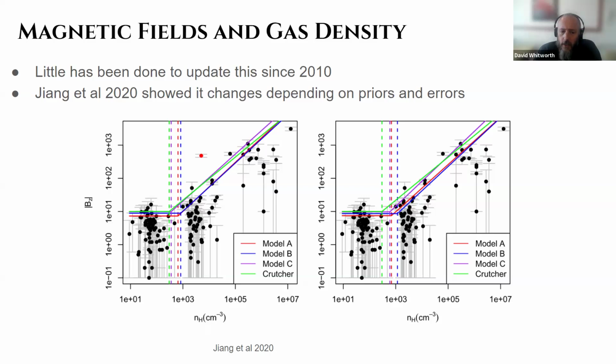Jiang et al. in 2020 showed that the slope varies depending upon how you introduce your priors and error analysis in this. But one thing they did here, which was similar to what Richard Crutcher did, is they keep anything below 300 as flat. They assume no relationship in the diffuse gas, which I will come to in a bit.